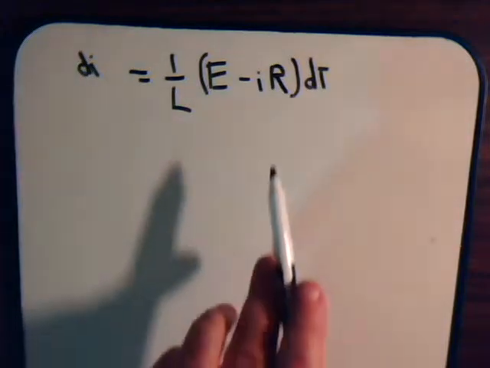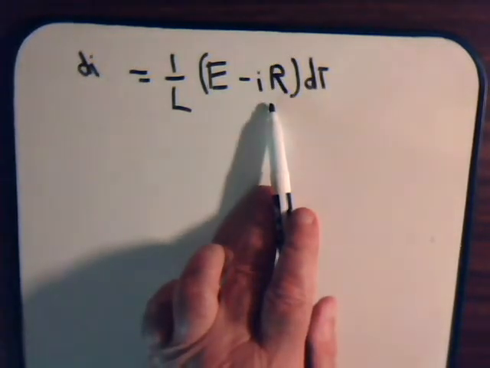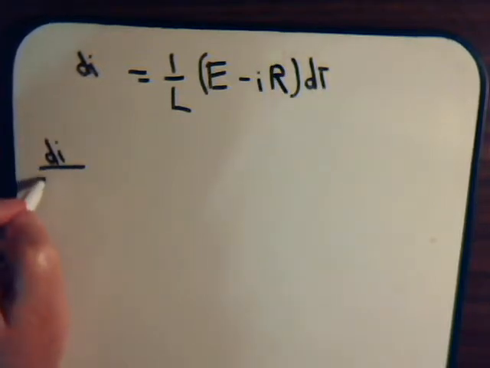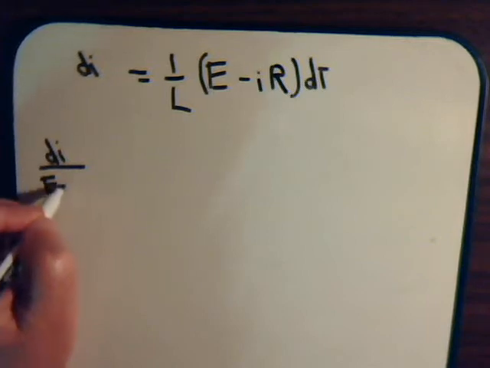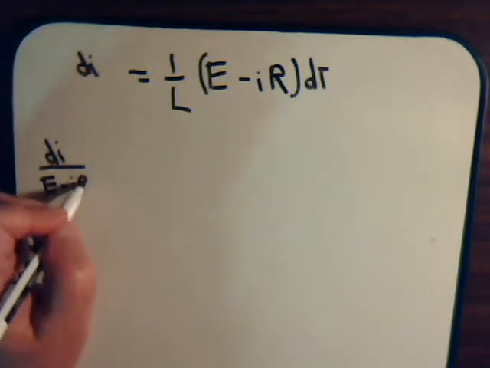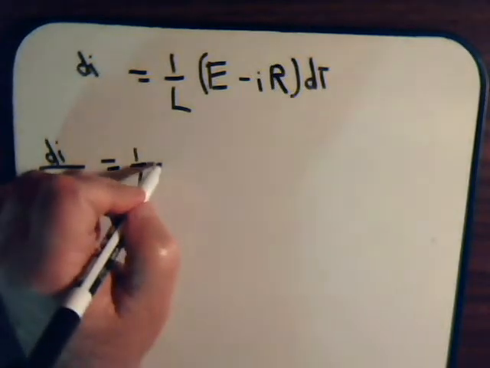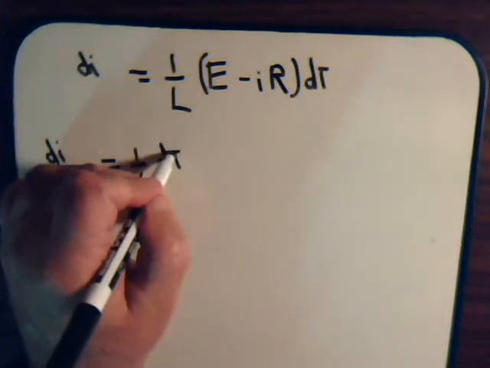Now, we're going to divide both sides of the equation by this to get di divided by E minus I times R equals 1 over L times dt.